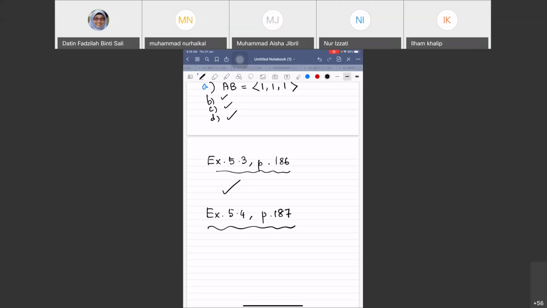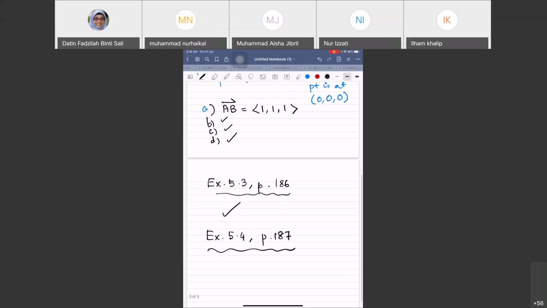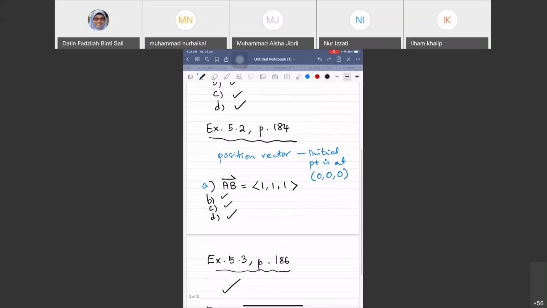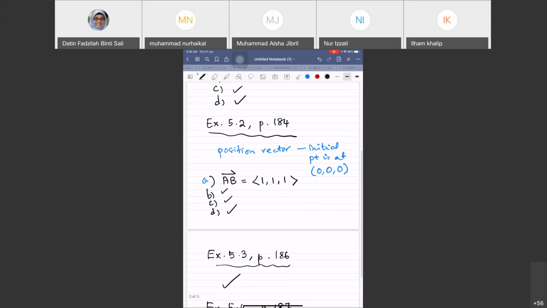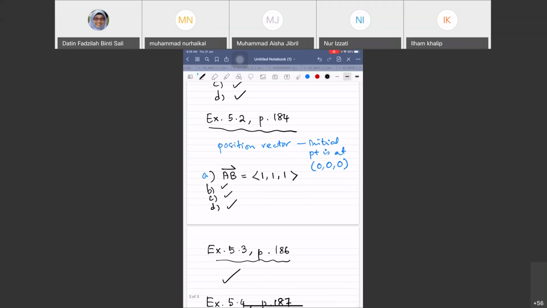this is now finding a vector represented by directed line segment AB in which the initial point this time is not at the origin. Earlier, like question 5.2, the initial point is at the origin, so this is quite straightforward in terms of a vector.